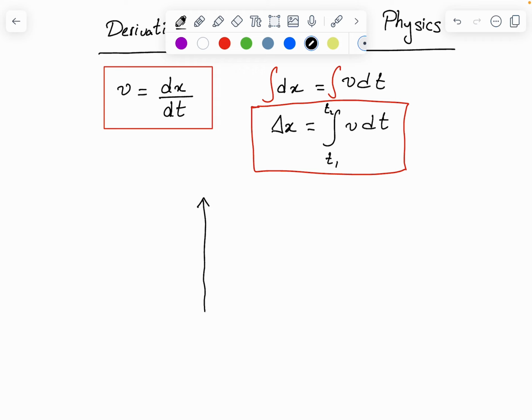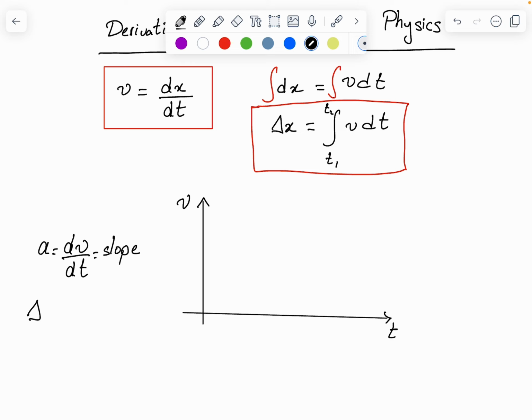So if you have a position versus time graph, x versus time, or let's say v versus time, keep in mind that a is dv by dt, which is the slope.